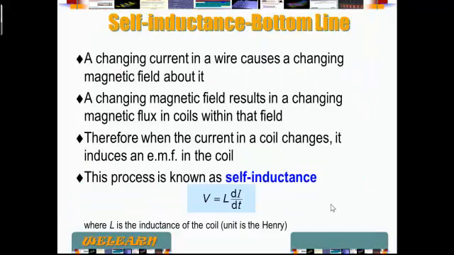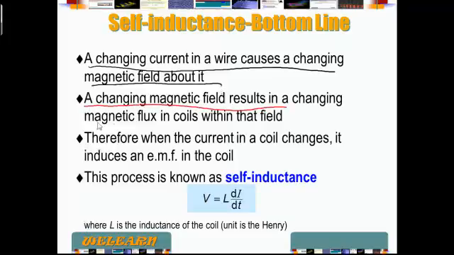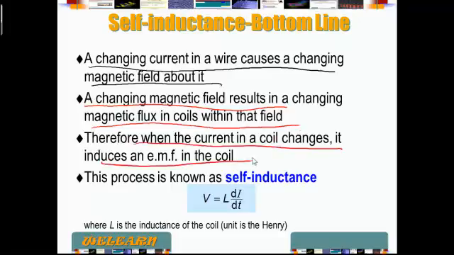Okay, the bottom line. A change in current in a wire causes a change in magnetic field about it. A change in magnetic field results in a change in magnetic flux within that field. Therefore, whenever the current changes in that coil, it induces an EMF in the coil.